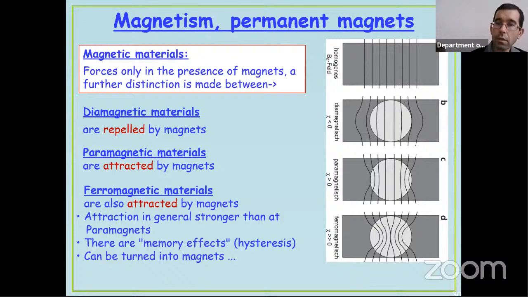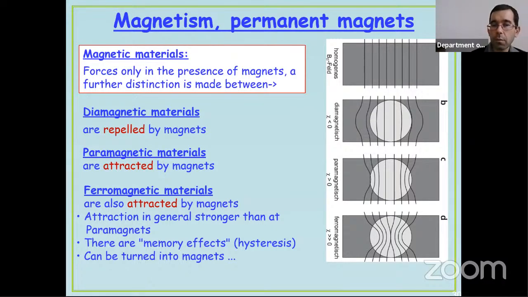So as you see, the diamagnetic materials try to remove the magnetic field lines from their surroundings. Paramagnetic materials are attracted by the magnets, so that's the reason why the magnetic fields are concentrated within these materials.